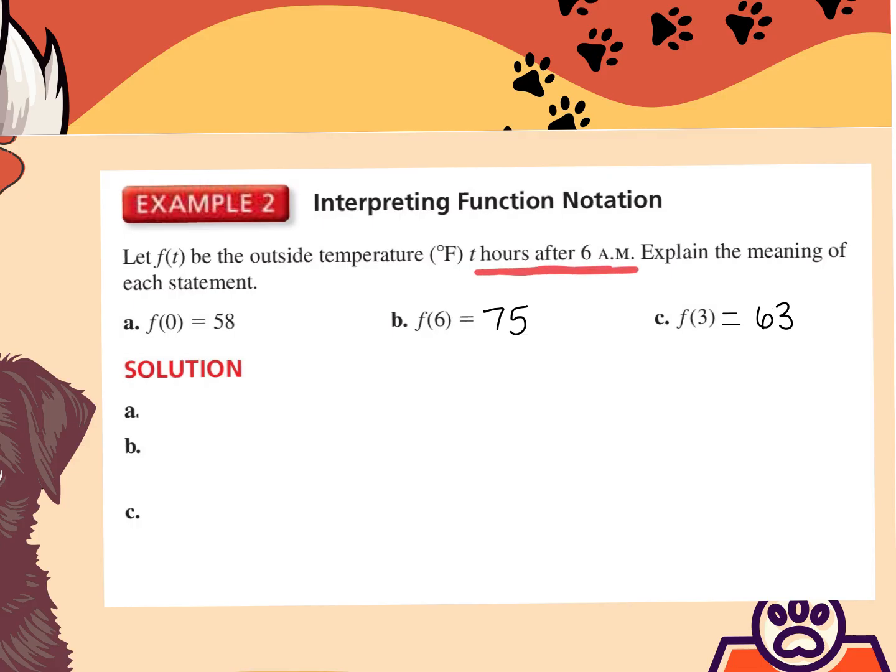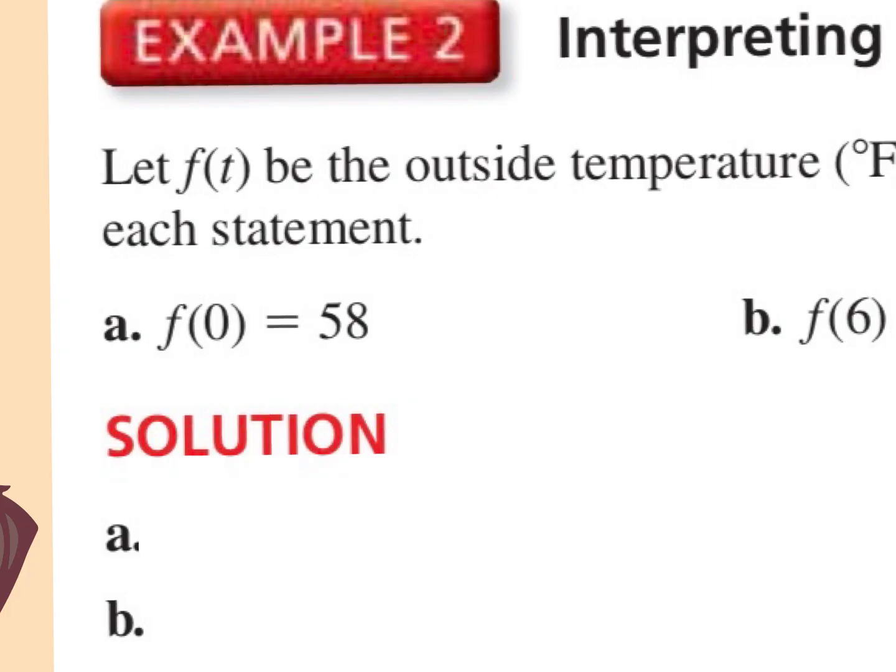If you think about it, if you were to wake up at 6 a.m., isn't it going to be colder than it will be later on in the day? It's usually colder in the morning than it is in the afternoon, right? So this is saying that T is going to represent the number of hours after 6 a.m. So if this first example says F of 0 equals 58, what time is it if it says F of 0? 0 hours have passed, which means it's 6 a.m., right?